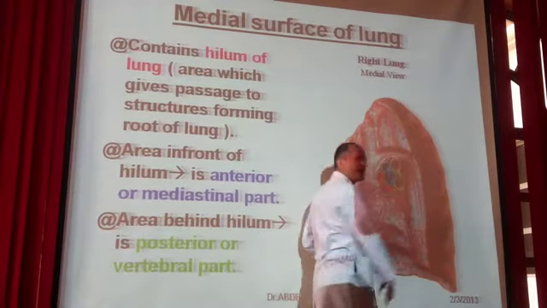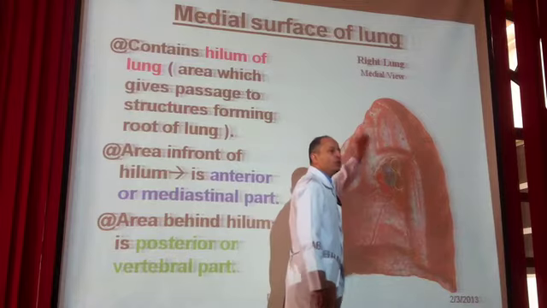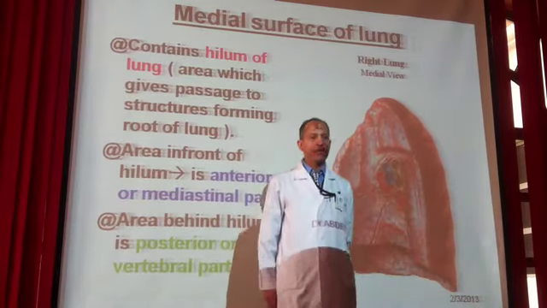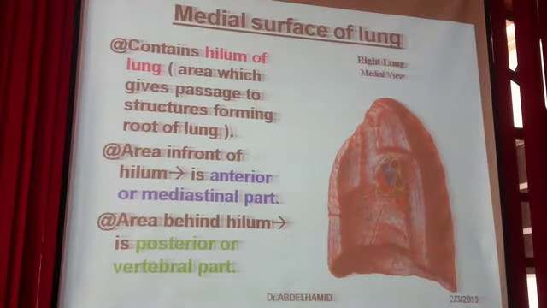So the medial surface contains the hilum and is divided into mediastinal and vertebral parts. Who can guess the structures that run to the lung or get outside through the lung? Pulmonary artery, pulmonary veins, and the bronchus.